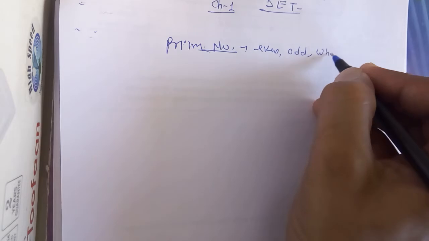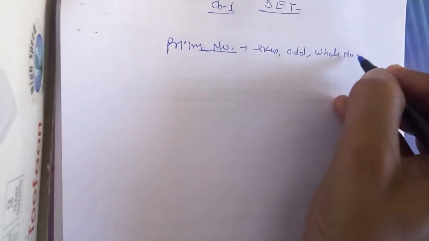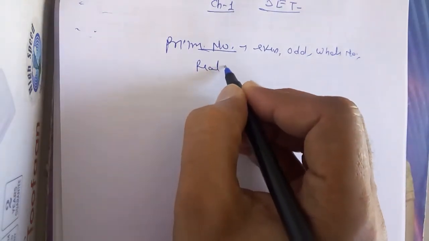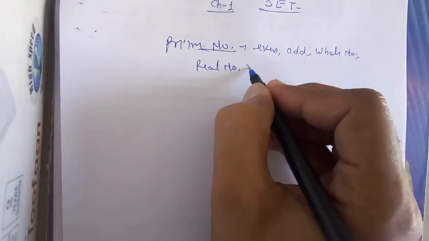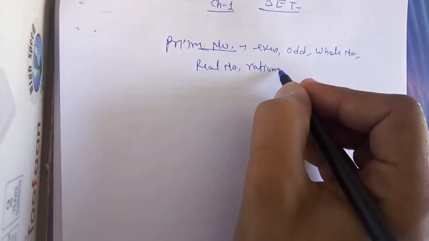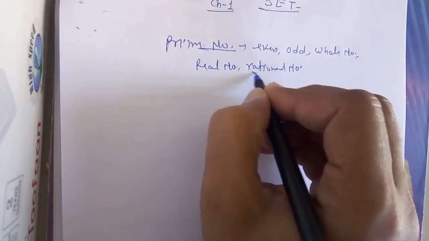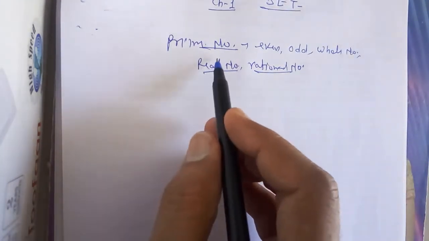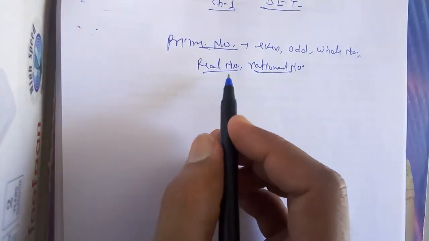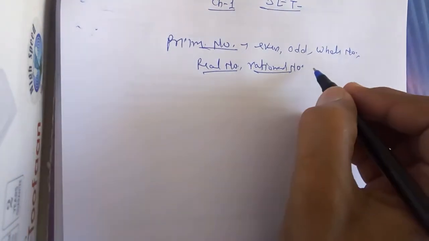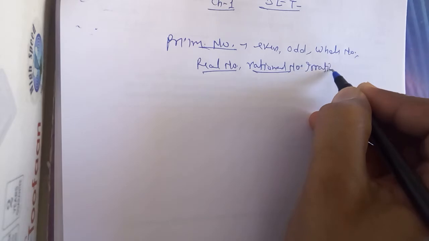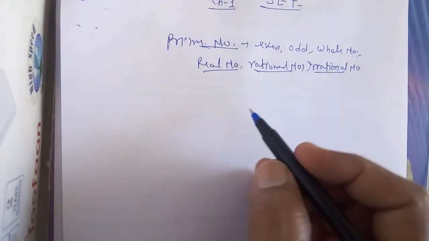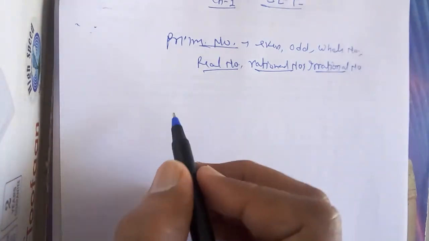Whole number, real number, rational number. You know about rational number? Then define prime number, even number, odd number, whole number, real number, rational number, irrational number. Clear? And now start the topic.